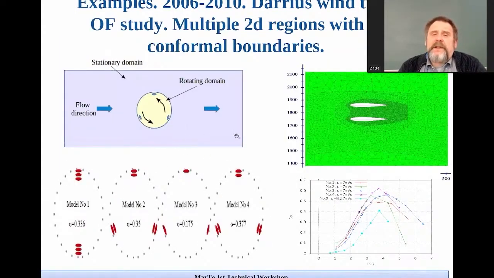The main idea is that we have two meshes. One is staying still, another is rotating, and they are non-conformal meshes. In the rotating mesh, we have a turbine or propeller, whatever. Since this mesh is rotating with all solids inside, the boundary conditions are simple.